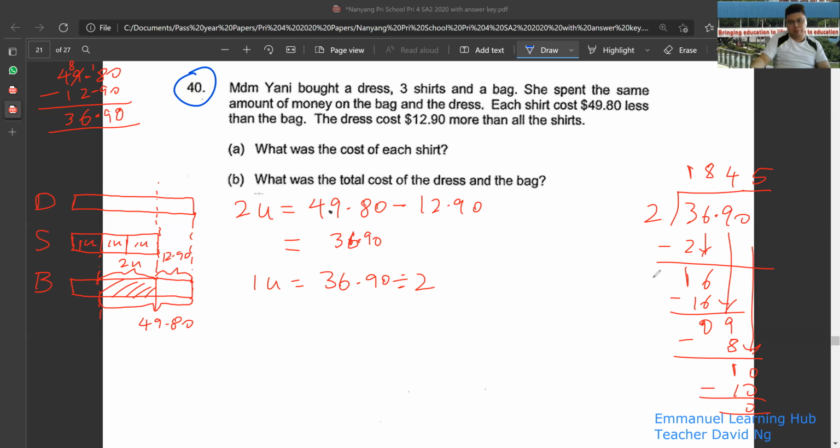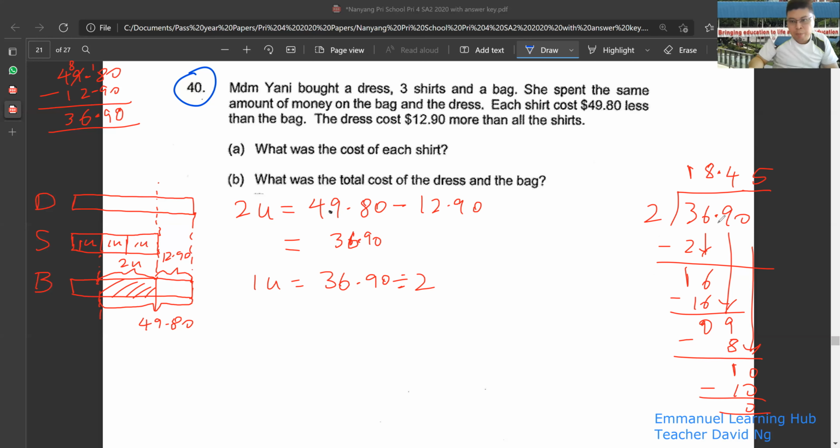Where do I put my decimal place? Between 1 and 8, between 8 and 4, or between 4 and 5? You should put your decimal place between 8 and 4. You know why?